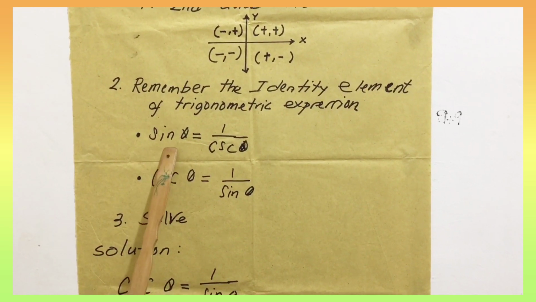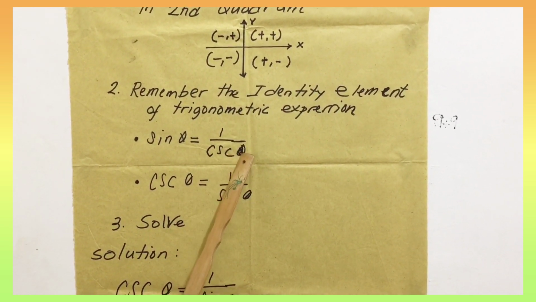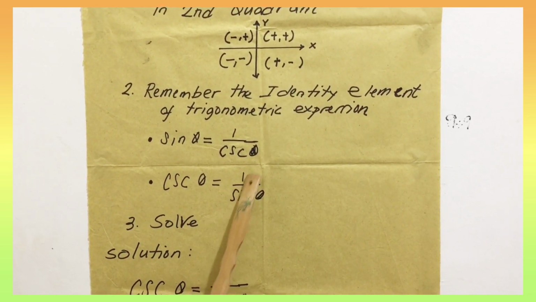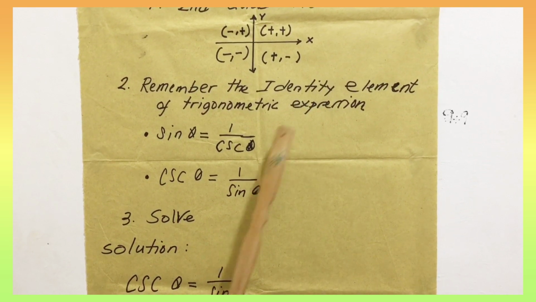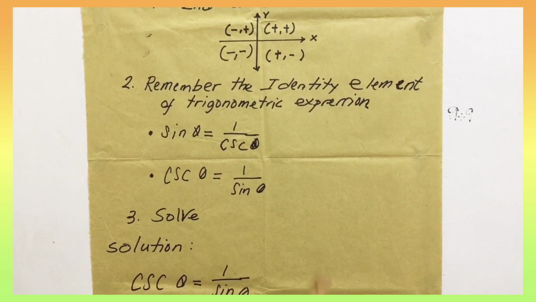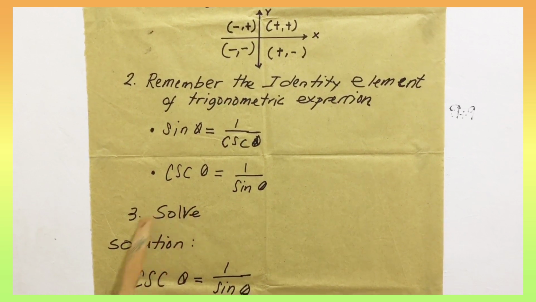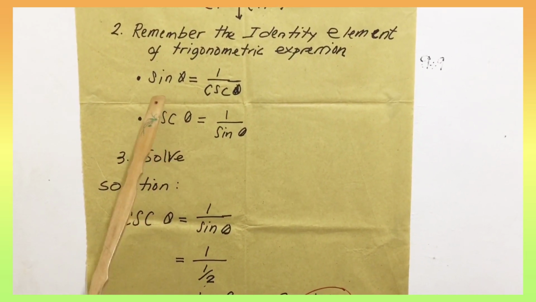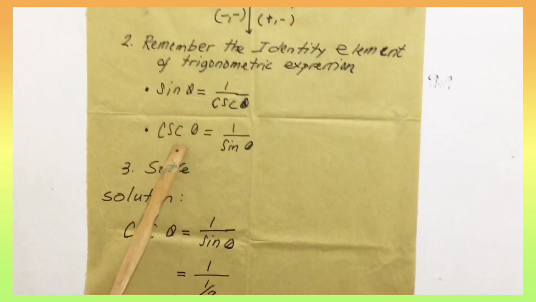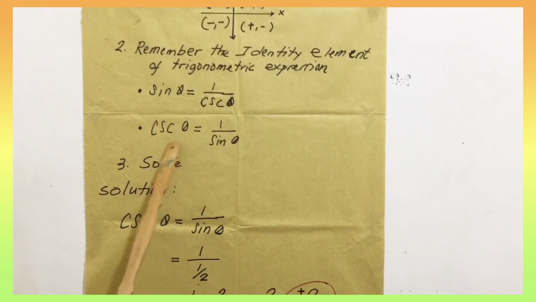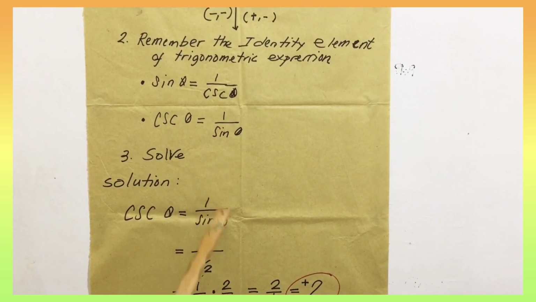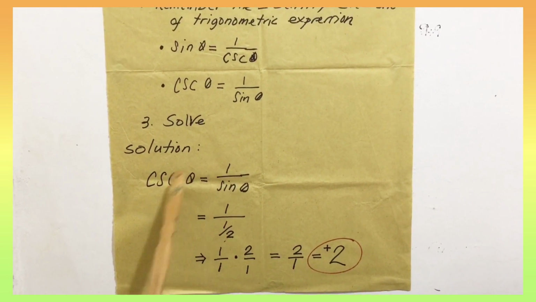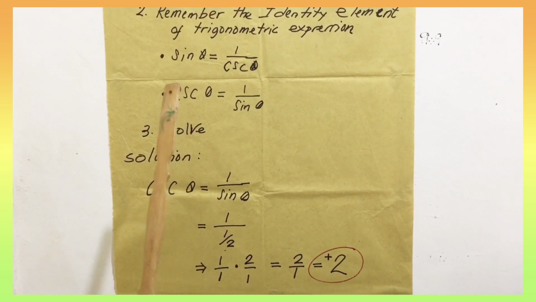We have sine theta equals 1 over cosecant theta, and cosecant theta equals 1 over sine theta, and so on. Then third, we're going to solve now using the cosecant theta, because this is the question and the problem. Cosecant theta equals 1 over sine theta. So this would be now our formula to find the answer for that question.